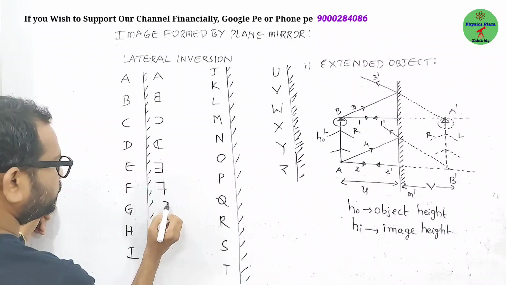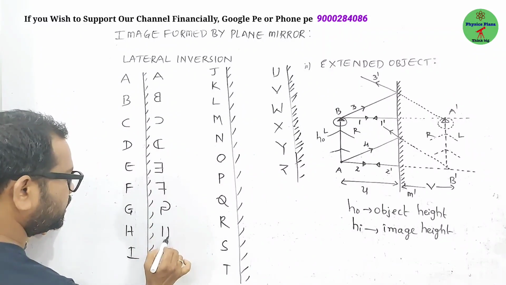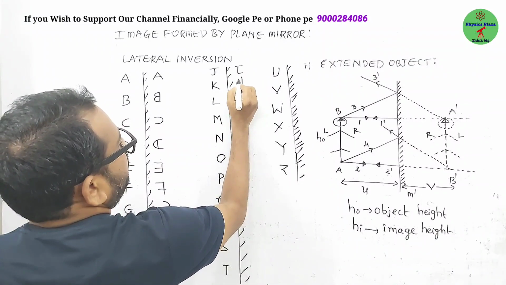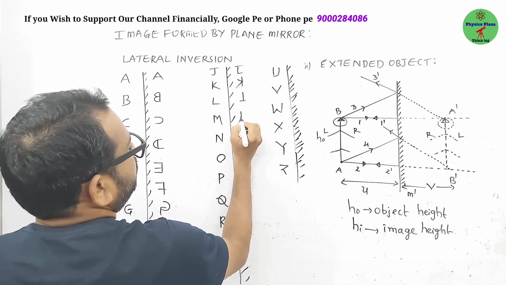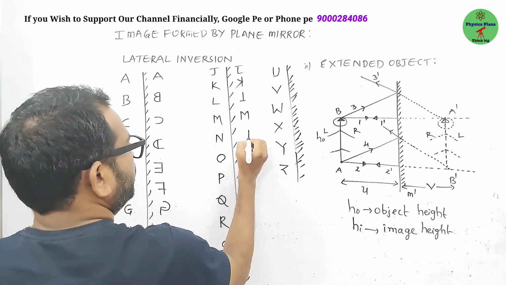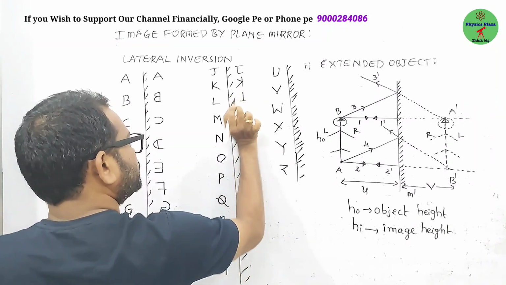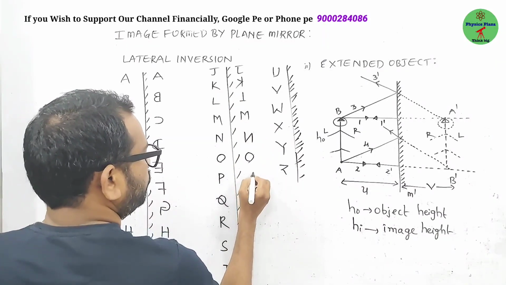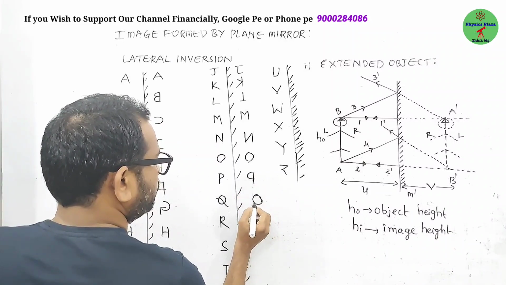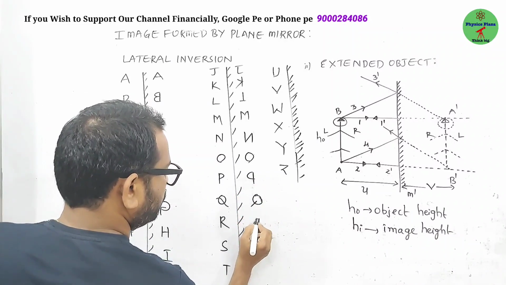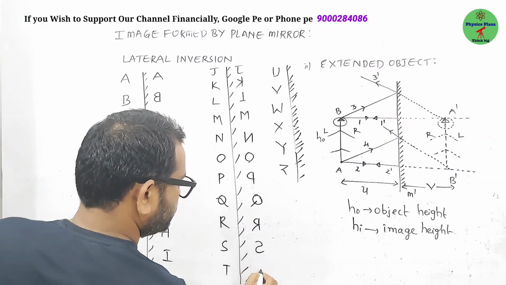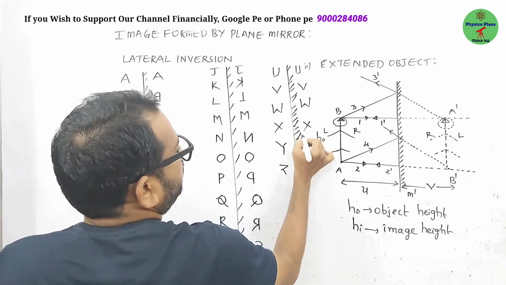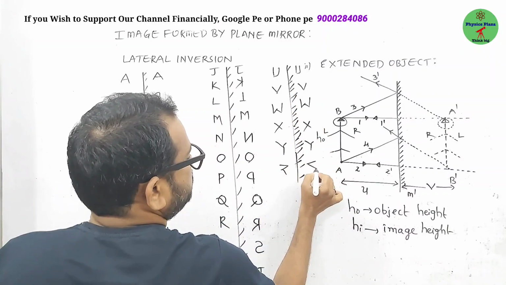F appears like this, G, H, I, J, K, L, M, N, O, P appears like this, Q, R, S, T, U, V, W, X, Y, Z.